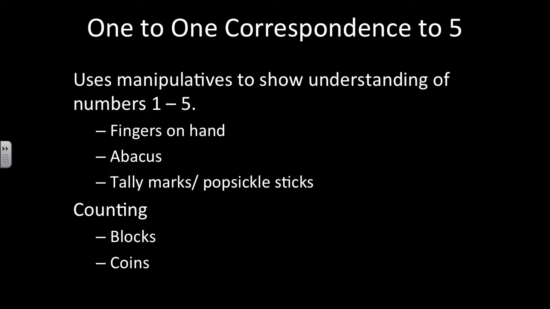I want to make sure that what's on my table corresponds with the number of people coming to eat. So that's all it means. When we have these numbers, we want them to correspond with real objects, basically.